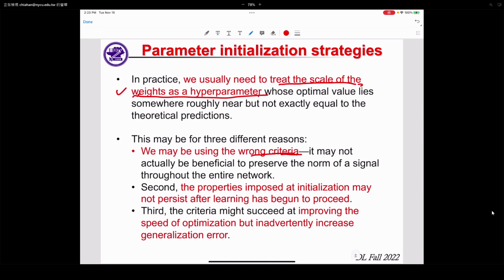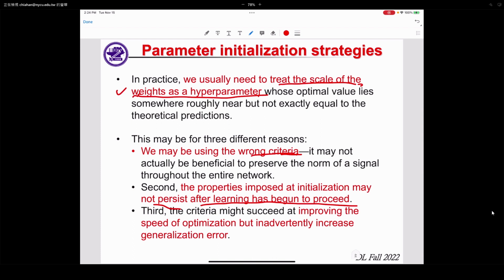Secondly, the properties in the initialization may not persist after learning has begun. Maybe you can have a good analysis of what it may look like. But remember, when we discussed chapter 6, we had two discussions.